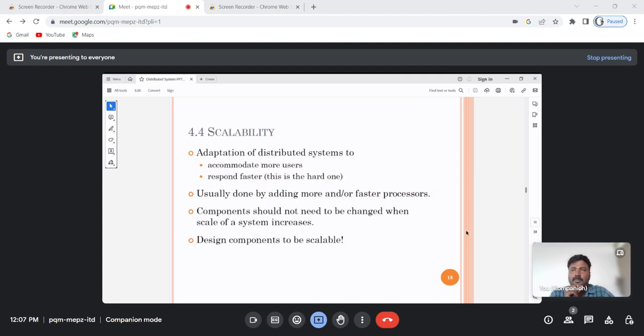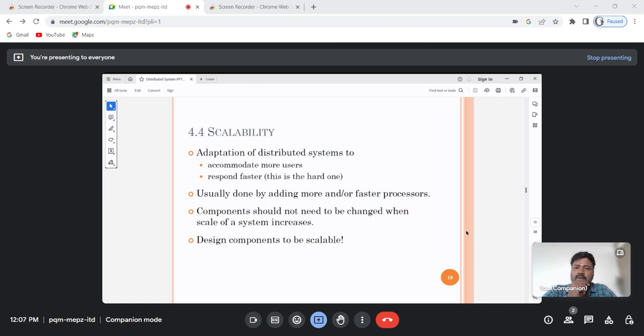Okay, scalability. Suppose when I am installing a particular distributed system for a period of time, consider I am going to develop a distributed system network with 10 computers. Later on, if over a period of time I am in need of 100 different systems, I am able to add 90 systems to that already installed 10 systems.